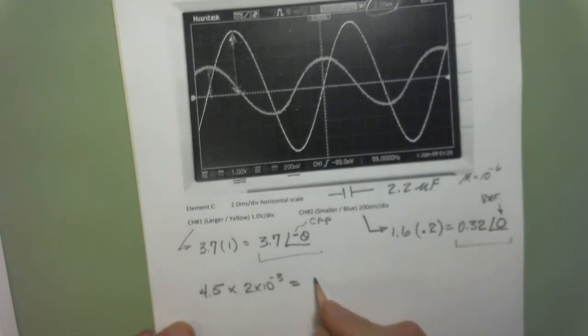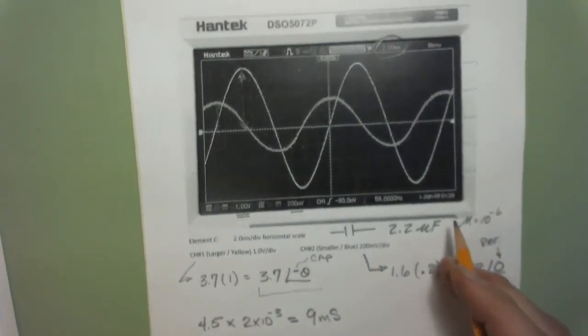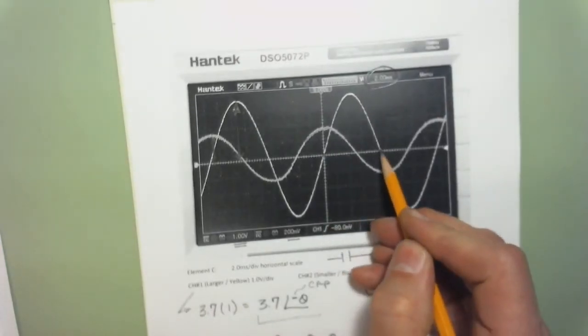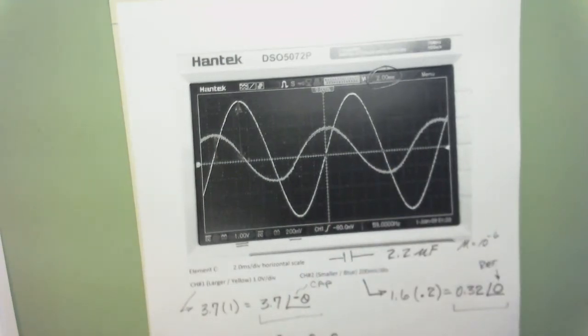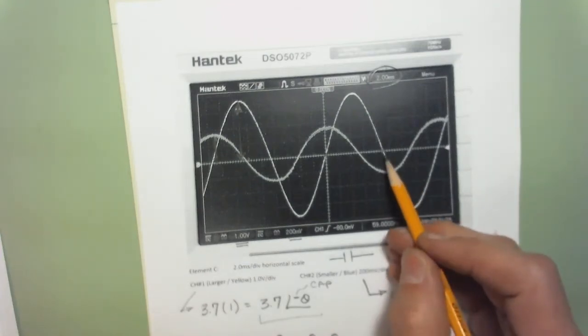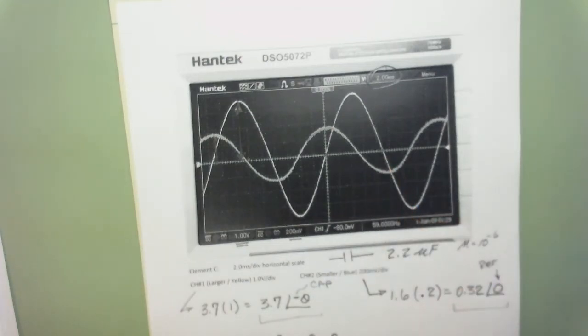So what's that turn out to be? 9 milliseconds. Okay, 9 milliseconds. So that's the time it takes to go from there to there. That's 180 degrees. That's 9 milliseconds. So I think we're okay with that. And if you come up with 4.4 or 4.6, you're probably going to be okay.